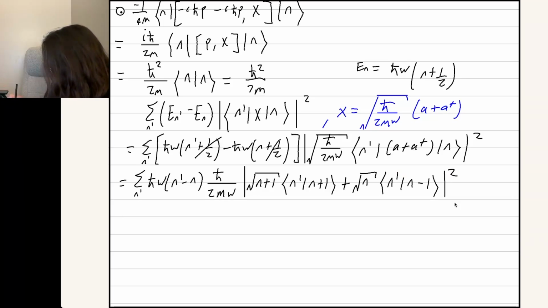And we're squaring that. We can simplify the factors out front. We'll get an h bar squared over 2m. This is already looking familiar.